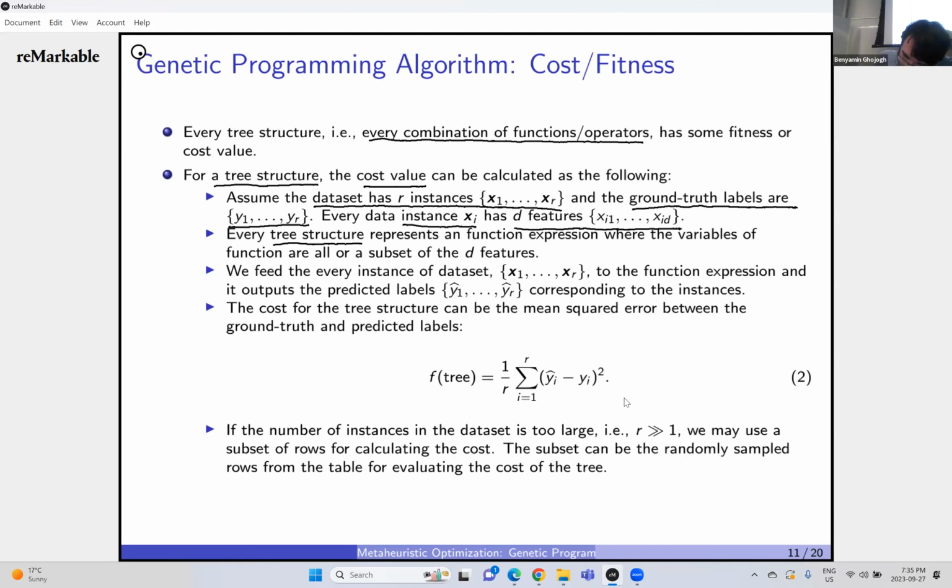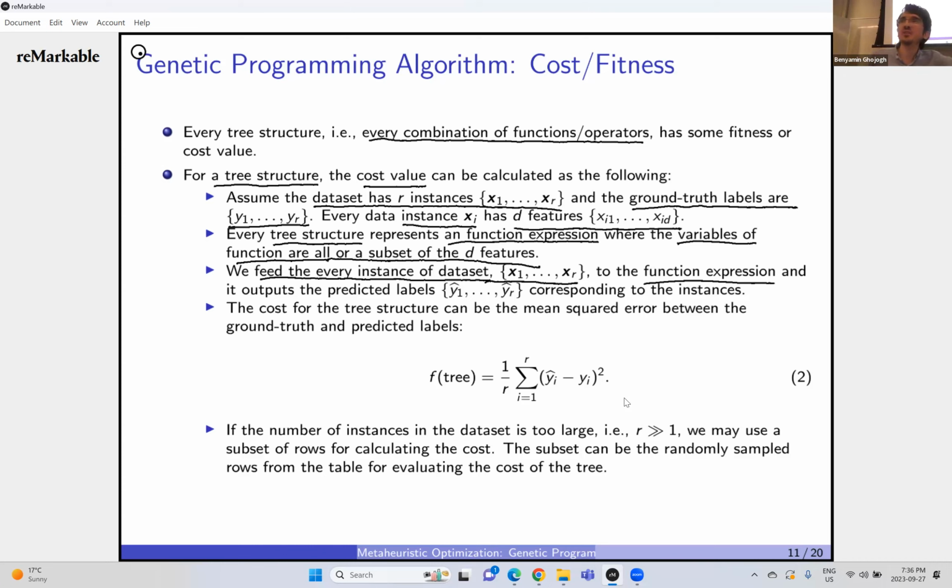Okay, so every tree structure represents a function expression where the variables of the function are all or a subset of the d features. In a function expression, we might use all of the features or some of them. We feed every instance of the dataset, x1 to xr, to that function expression. Assume I have some function expression and I want to calculate its cost. How do I do that?